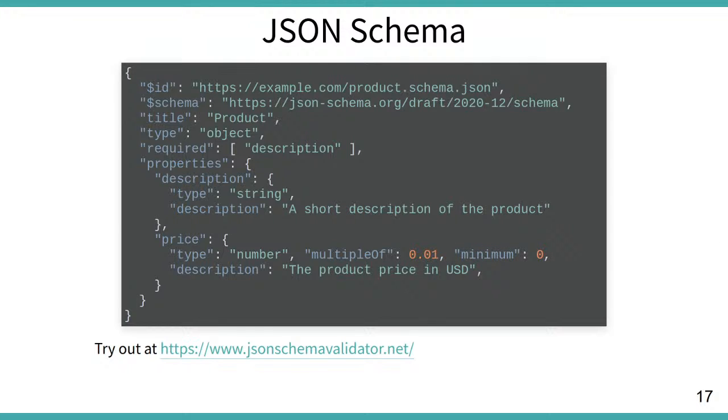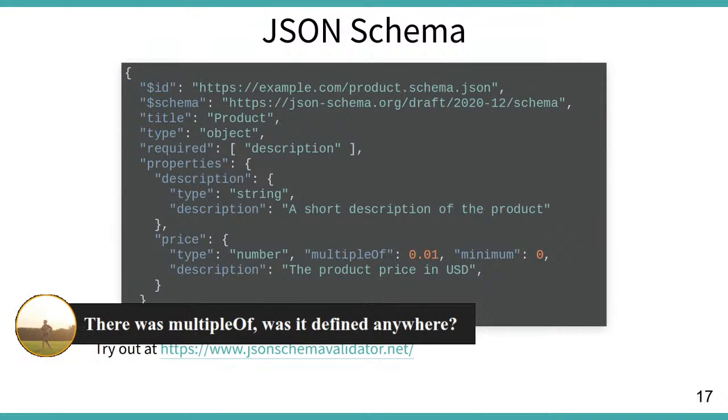You mean how can you know which properties are valid here? Yeah, you have to look into the documentation of JSON schema to see the schema of JSON schema.